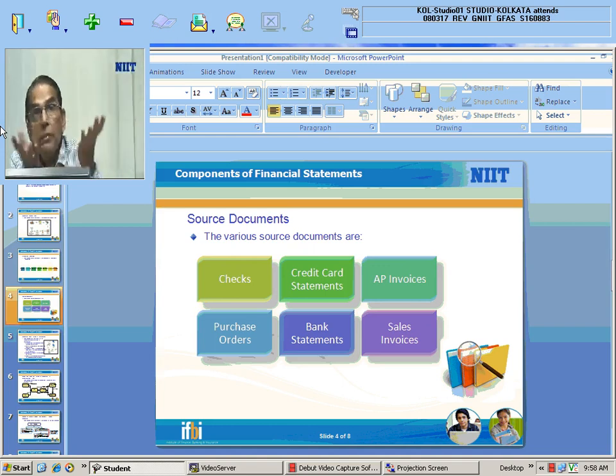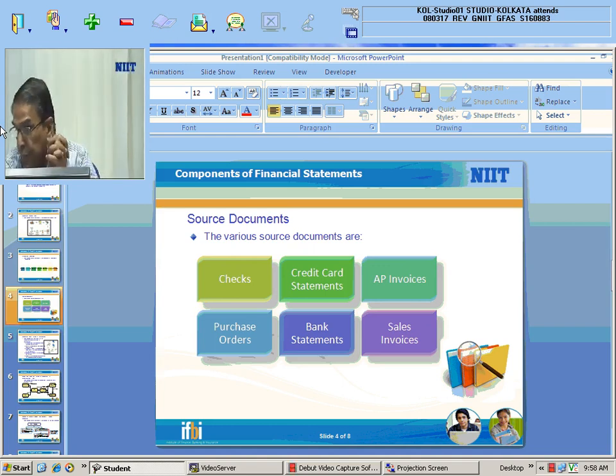You have to pay him after the agreed period. That's the account payable invoice. Is that clear, Faisal? From Borivali. I don't get his response. Okay, thank you, Faisal.